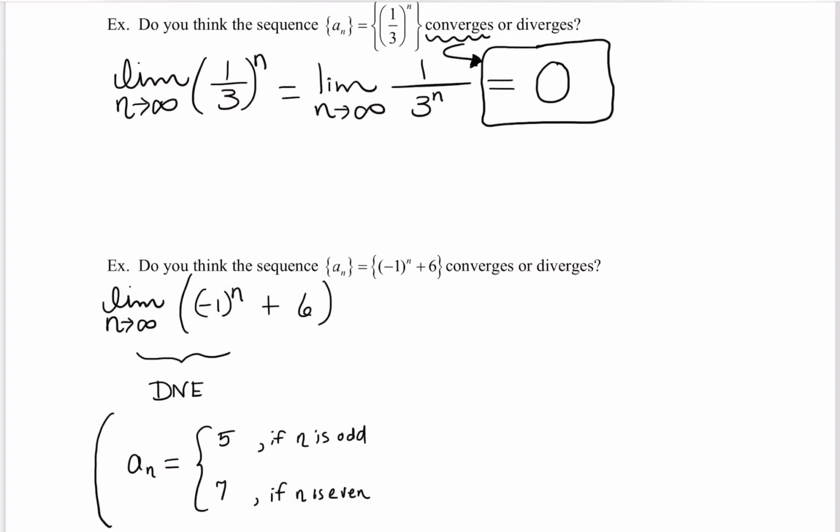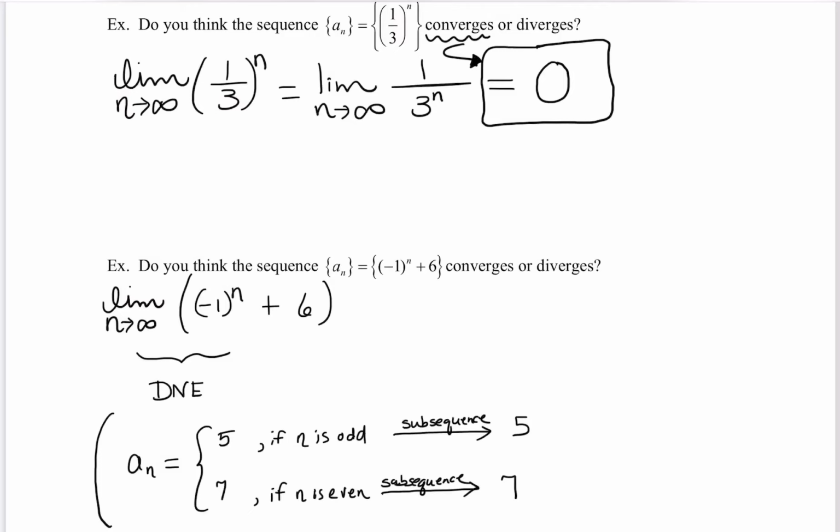And so these are what we call subsequences. When you have two subsequences, I'm going to write it out this way. This subsequence would converge to 5, and this subsequence converges to 7.